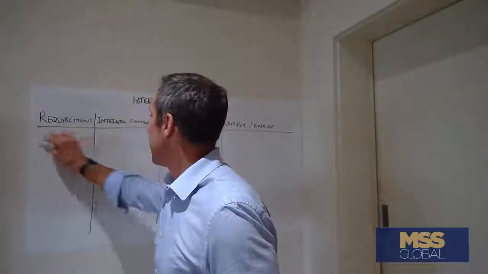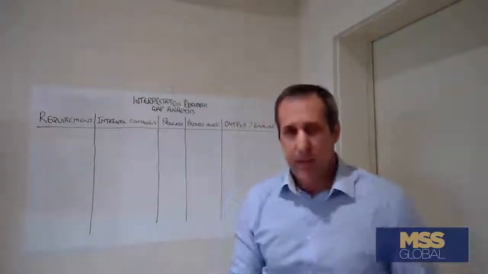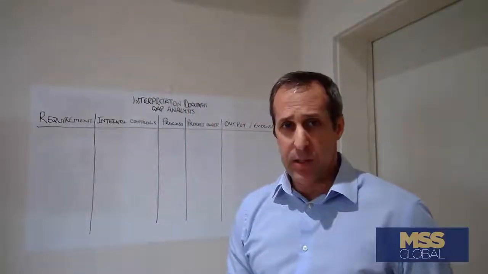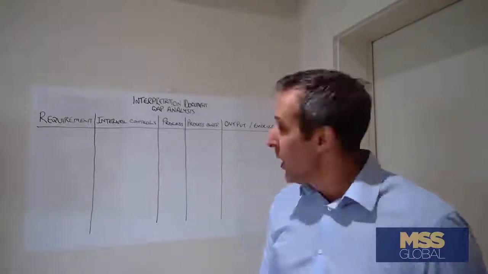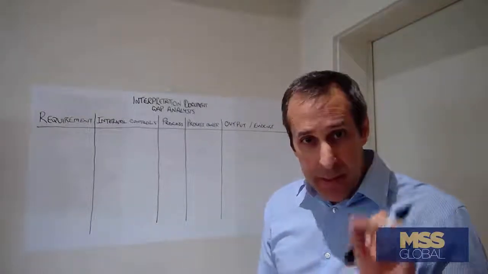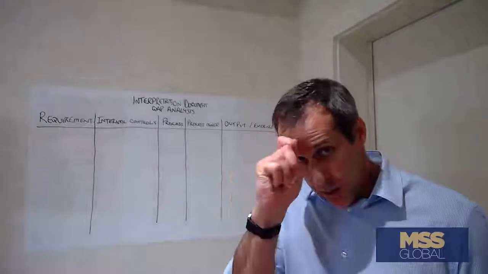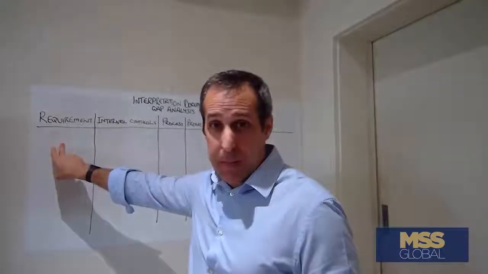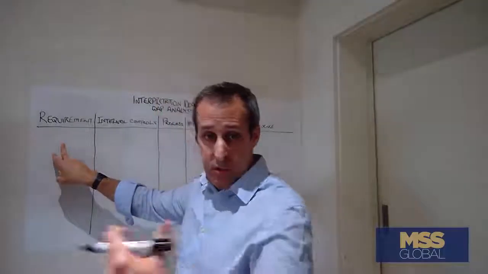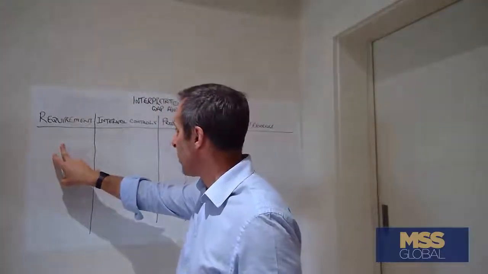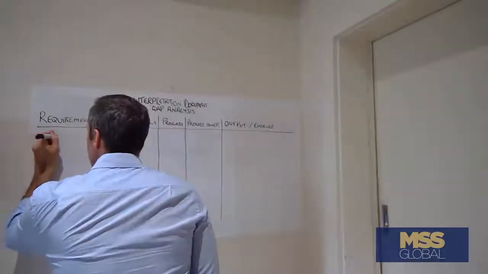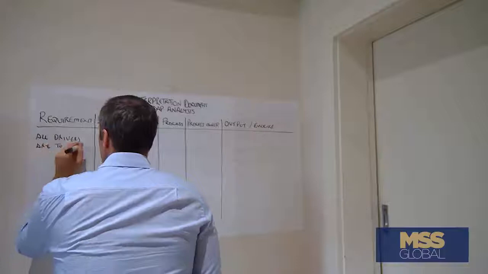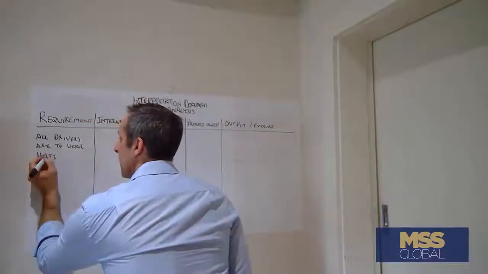If, however, I'm looking at explicitly or vaguely communicated client requirements, and if we use our example of the airport taxi company, where the requirement from the client is that all chauffeurs will wear a hat, the requirement can be put in there, in either the words as in the proposal or as expressed in whatever method. So all drivers are to wear hats.